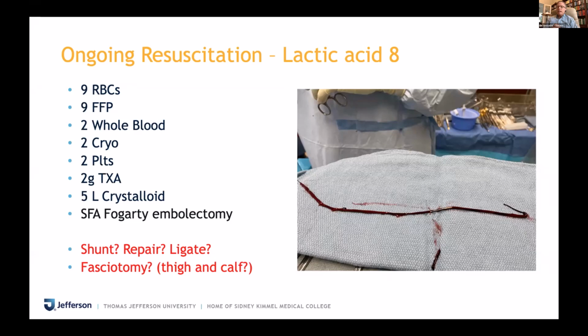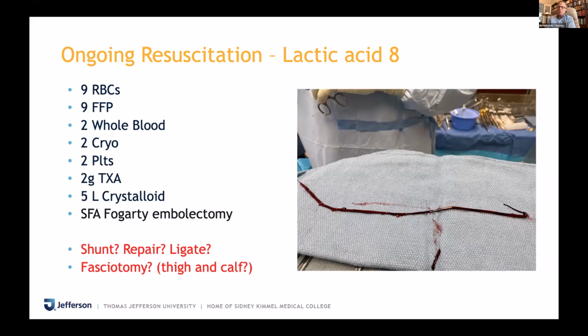So I think that probably would extend the operation too long. So in this case, I would consider putting an Argyle shunt into the SFA. I think temporarily you can just oversew the origin of the profunda, and then consider even putting an Argyle shunt in the venous system, doing a fasciotomy.